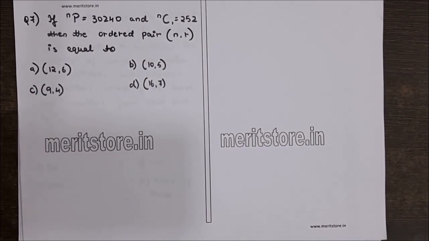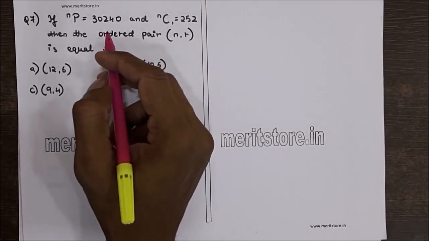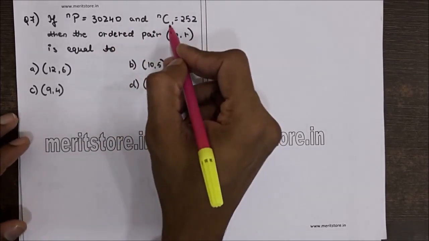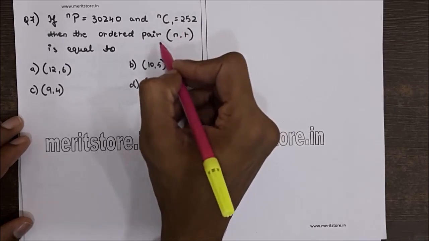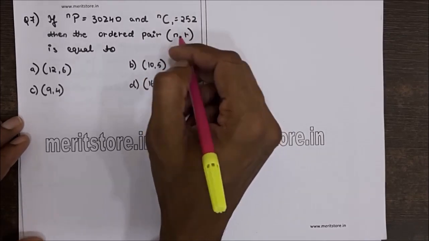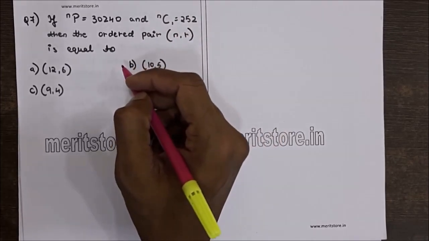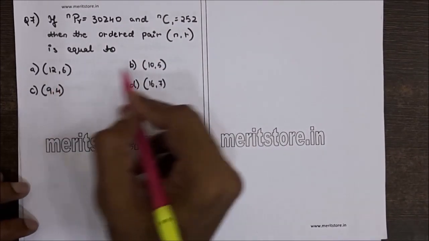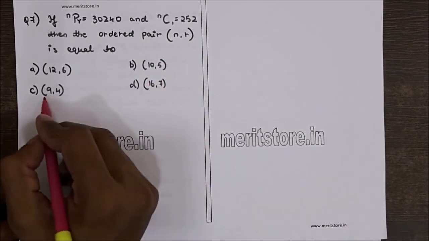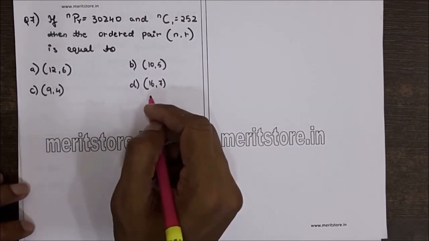Question 7. If nPr is equal to 30240 and nCr is equal to 252, then the ordered pair (n, r) is equal to. We have four options, that is A 12, 6, B 10, 5, C 9, 4 and D 16, 7.